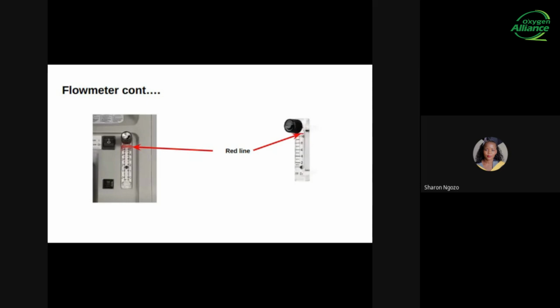Another misuse is trying to get more flow than what the flow meter is calibrated for, for example, using a 5 liters concentrator to give out 7 liters or 8 liters or more. When the ball goes beyond 5 liters per minute, which is beyond the lead line, you surely get much flow, but it is unregulated. So you're not sure if you're giving out 7 liters or more than that.